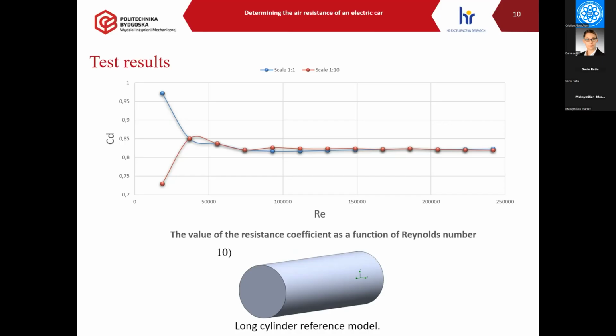It was hypothesized that this was due to the too small cross-sectional area of the designed computer wind tunnel. For this reason, further analyses were carried out for a tunnel model enlarged 3 times, the results of which are attached on the next slide.